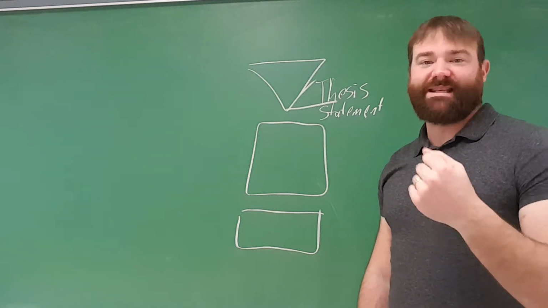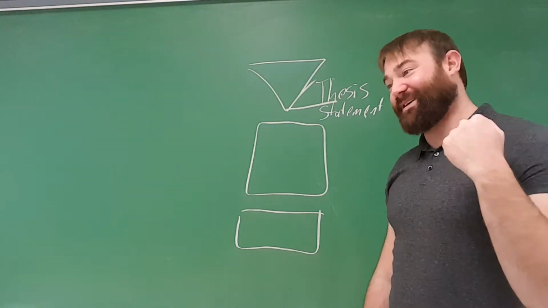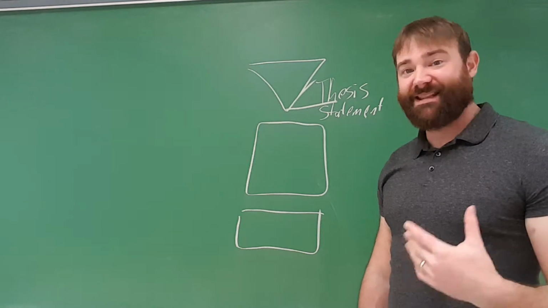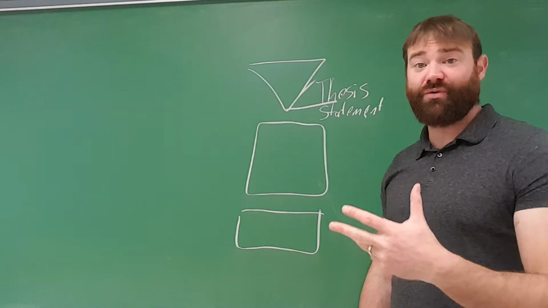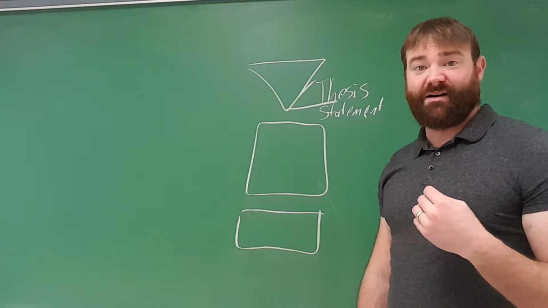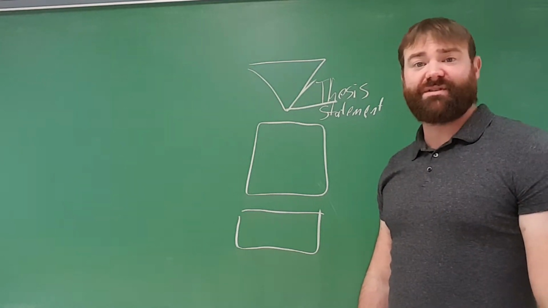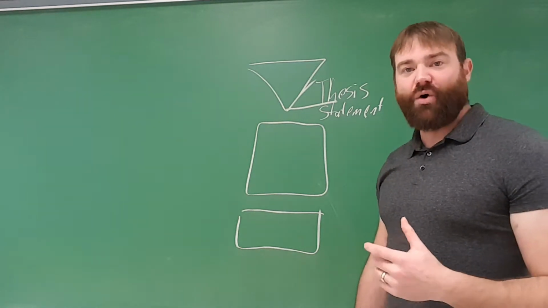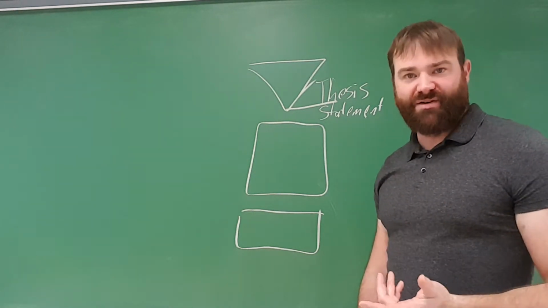But if I were to say Metallica is the best band ever or Metallica is the worst band ever, then that's a claim. That's something that I could try to prove with evidence, or using some of the rhetorical appeals, and basically I would have to give you reasons to believe that. So remember, a thesis statement is always in the third person.